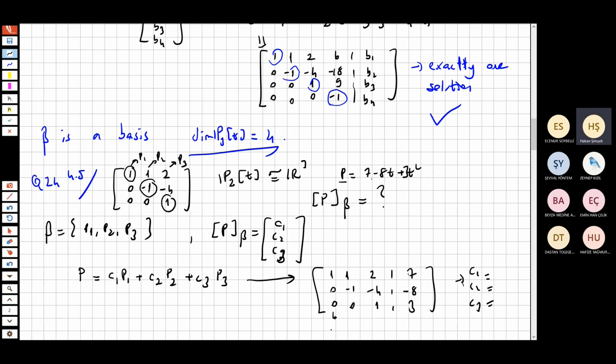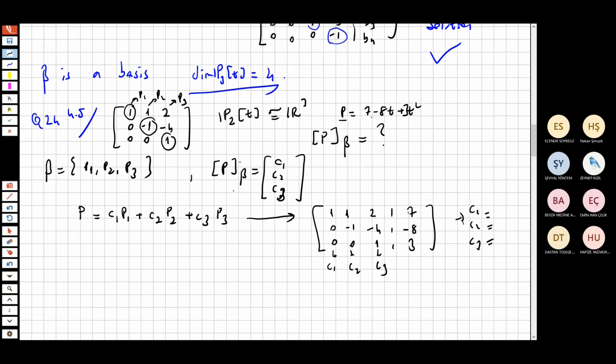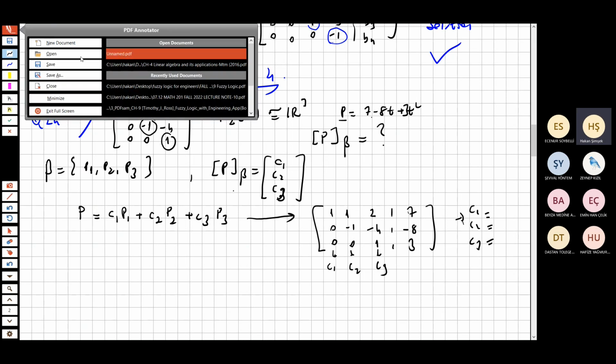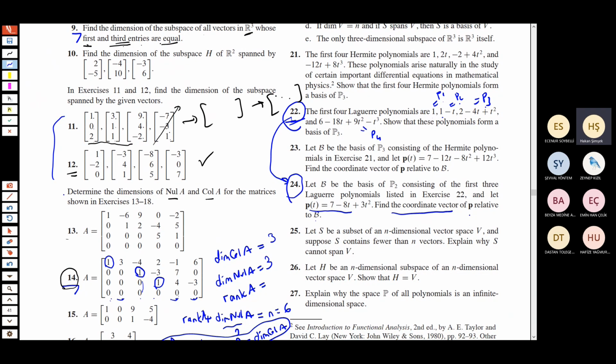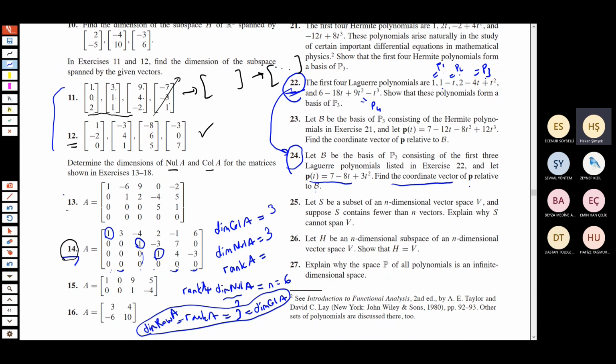You know, the first column is C1, the second column is C2, the third column is C3, and you will obtain the coordinate vector of the polynomial. Okay? That's it. I think we solved many questions from the section 4.5. Please look at the others. If you have any questions so far, I can answer.